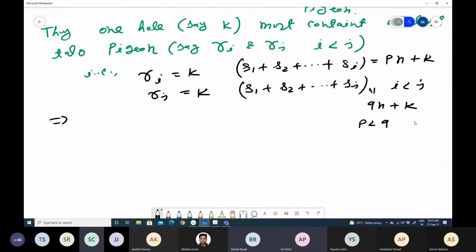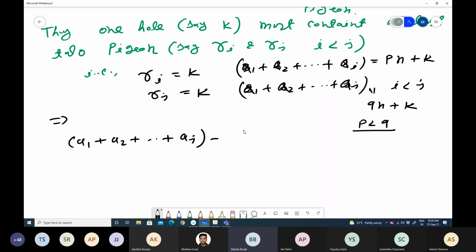Sir, shouldn't it be a1, a2, and ai? Oh, sorry. Right. Thank you. And then if we subtract this by this, since i is less than j, a1 plus a2 up to aj minus a1 plus a2 up to ai is q n plus k minus p n plus k.